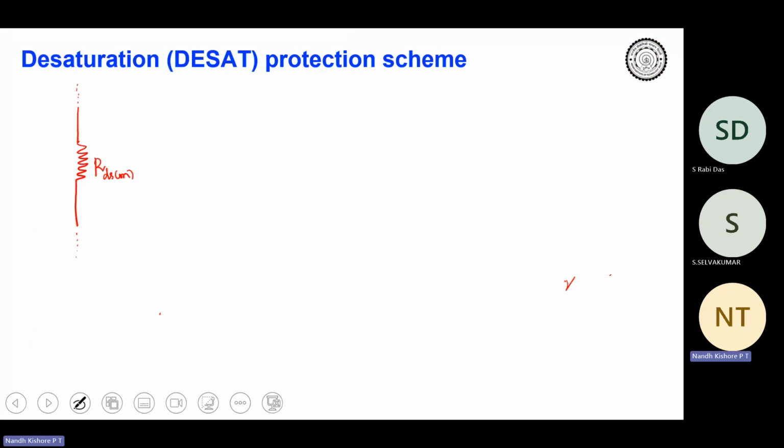Let me draw it in. Okay. And then we saw that the DSAT scheme measures your on-state voltage, or the voltage across the device, which is VDS, correct?